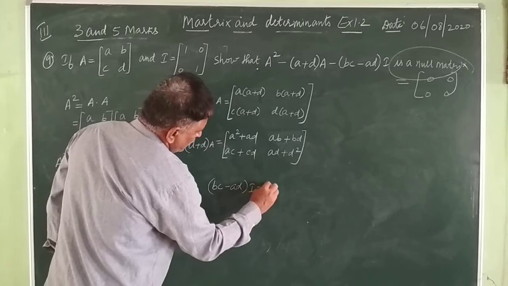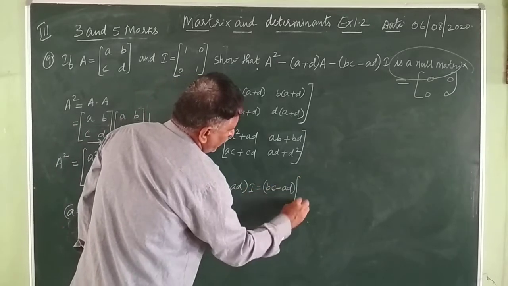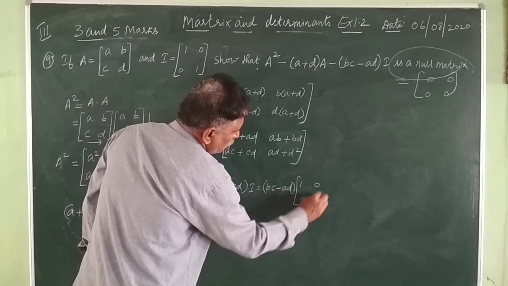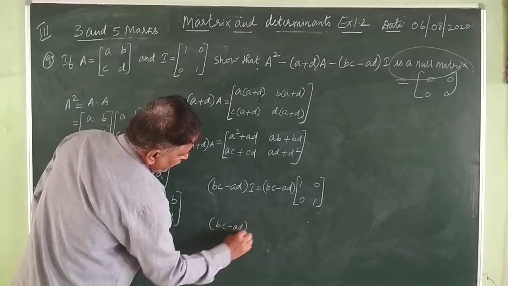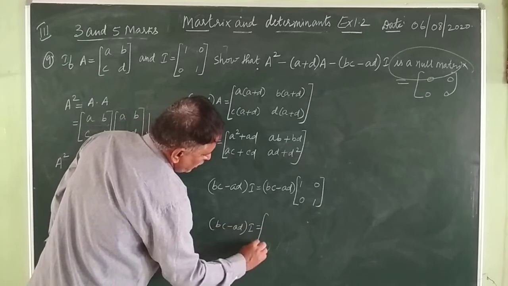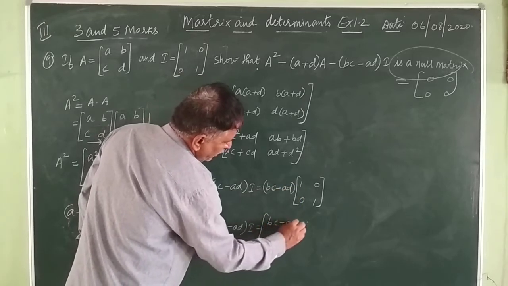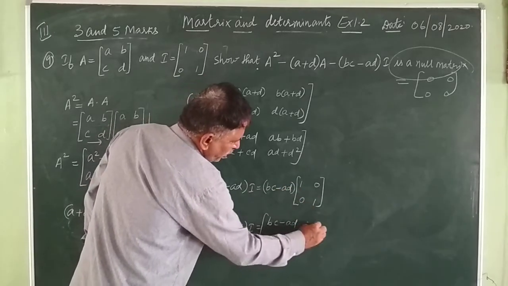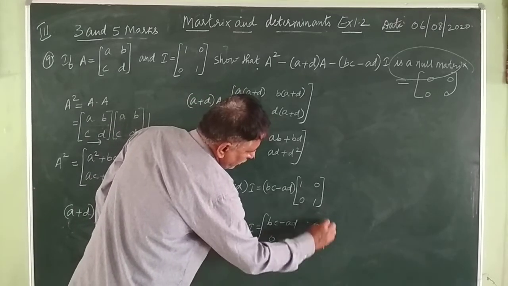So this is BC minus AD into I, meaning identity matrix [1 0; 0 1]. So therefore BC minus AD into 1 is BC minus AD, and BC minus AD into 0 is 0. Then I will get BC minus AD on the diagonal.